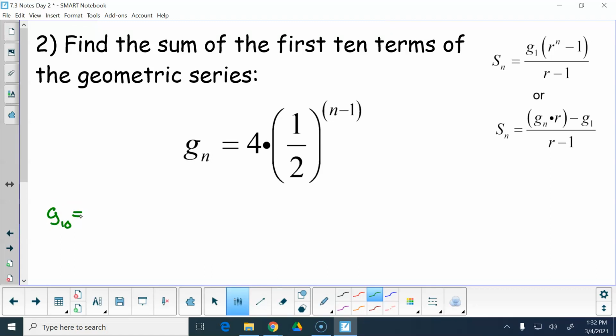I'm going to plug 10 into my rule. Ten minus 1 is 9. 1/2 to the 9th power.